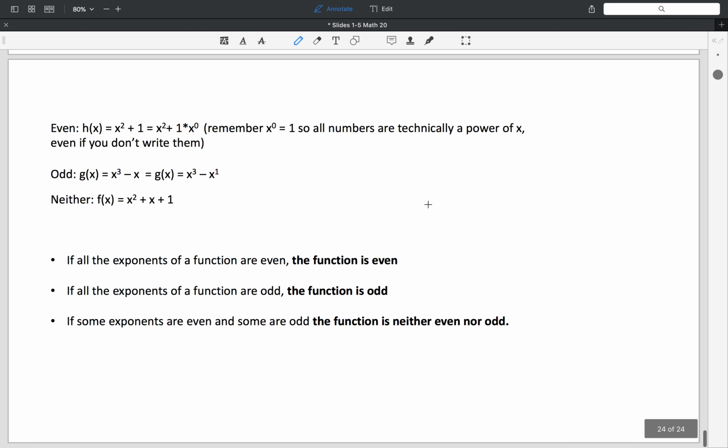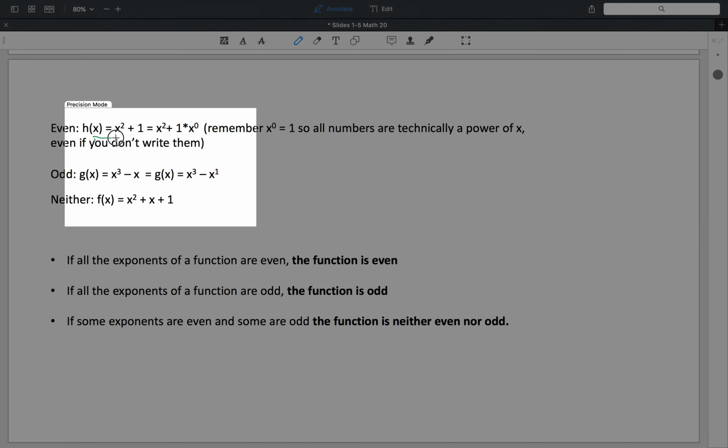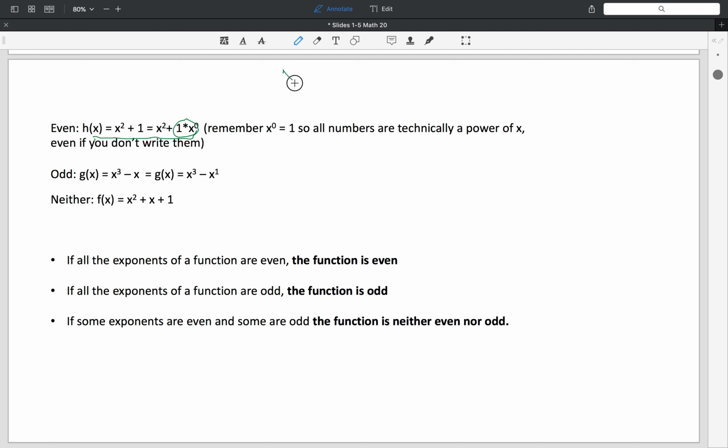Okay, so let's look at all the examples. Here's the h of x. And notice that I'm going to rewrite 1. Remember, x to the 0 is 1. So what that means is that if I take any number times x to the 0, I get that number back.